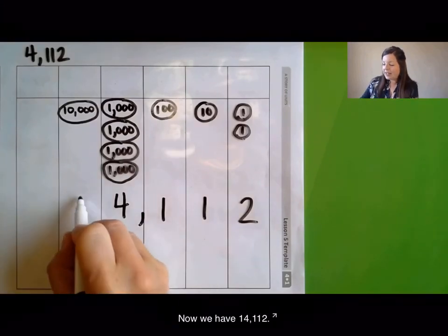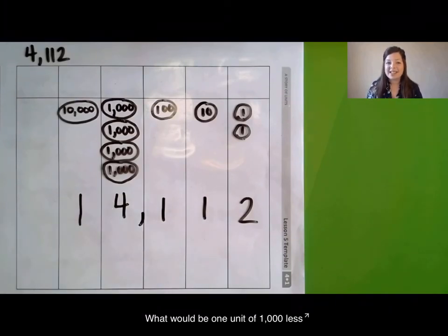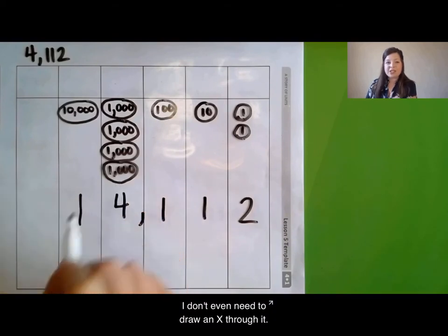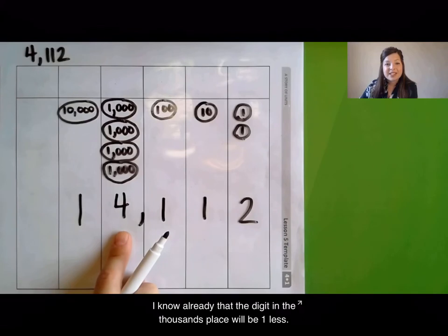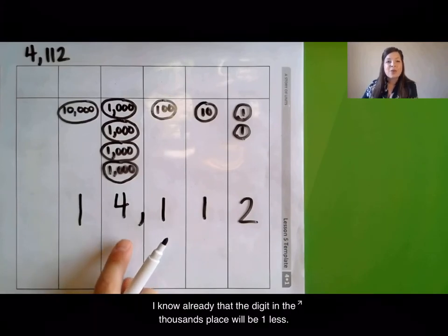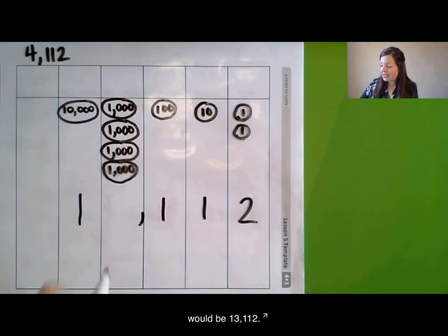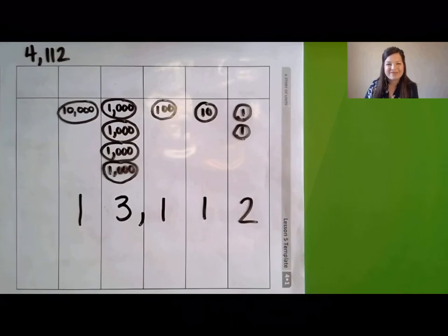Now we have 14,112. What would be one unit of 1,000 less than 14,112? I don't even need to draw an X through it. I know already that the digit in the thousands place will be 1 less. So 1,000 less than 14,112 would be 13,112.